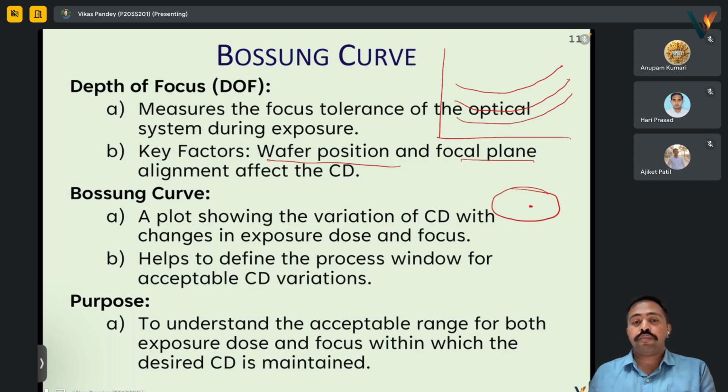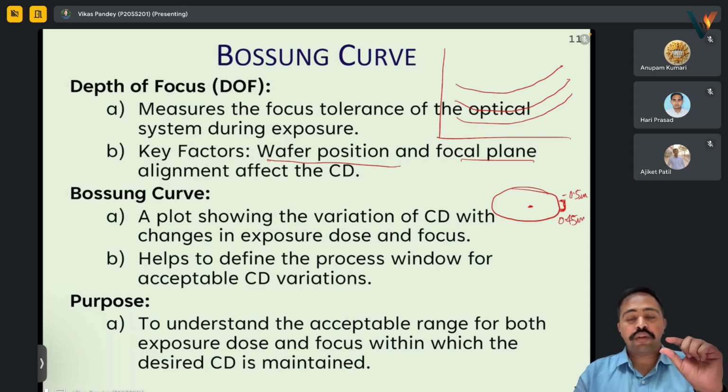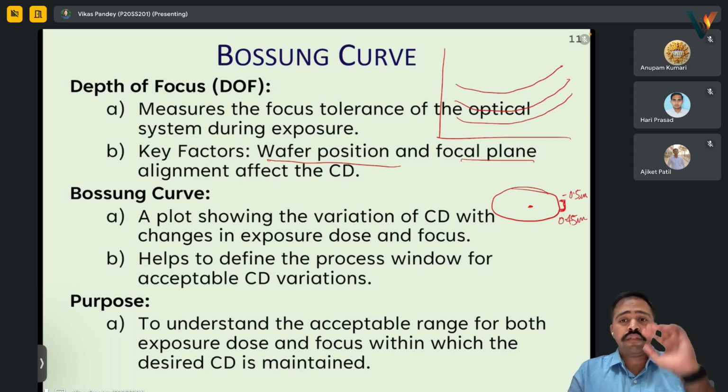But suppose the focusing point is at some distance, say, if I am taking this as 0, down is plus and above is minus, so say minus 0.5 micron, and at some places going even below it, 0.45 micrometer. So this range is the focusing range of our optical system.